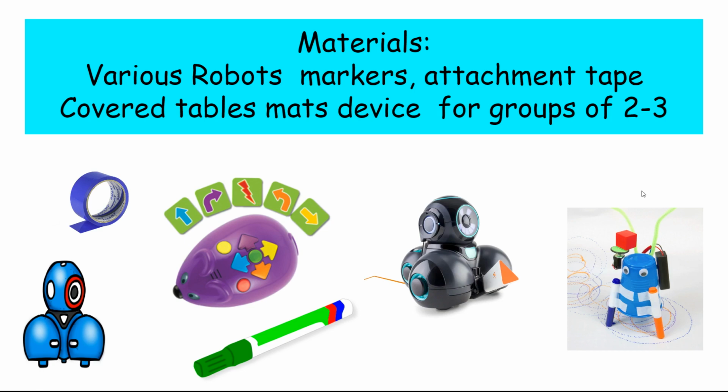Now, what do I mean by that? All of our tables are covered with paper, and I have different types of robots. Now, for certain classes and certain grade levels, I have certain types of robots to do these lessons. This is a generic lesson, but it can fit mostly any different type of robot.